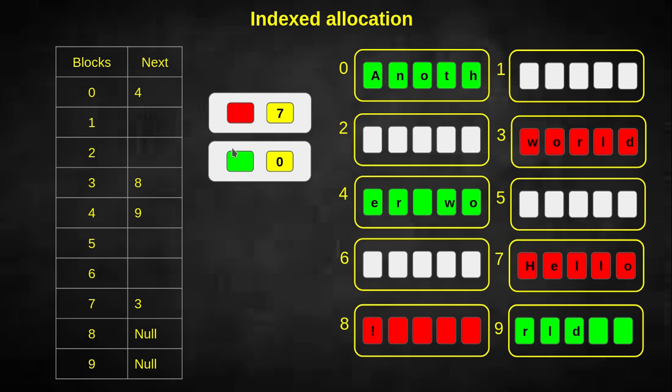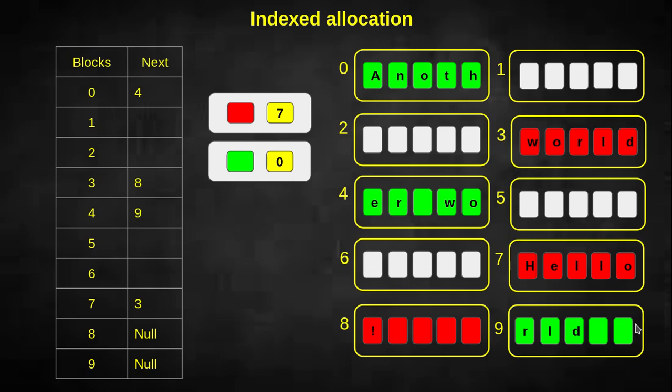The same applies with the green file. First of all, from the file, we get the starting block, which is 0. We get the data, and then ask, what comes next after block 0? From our index, it's 4. So we get the data from 4. Then we ask, what comes next after 4? In our index it's 9.